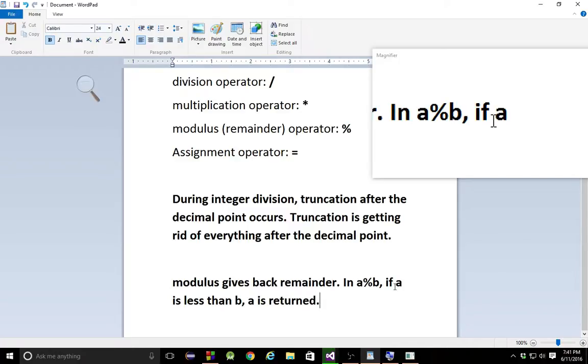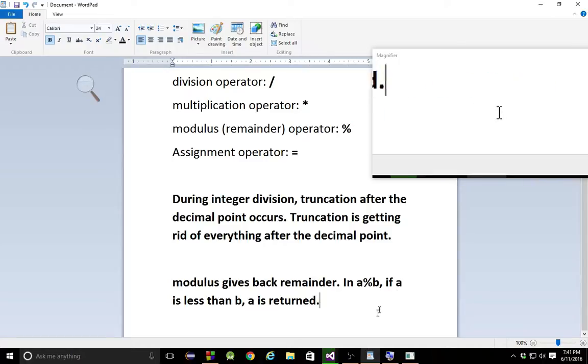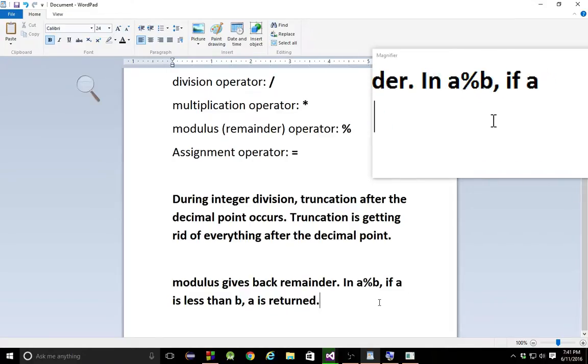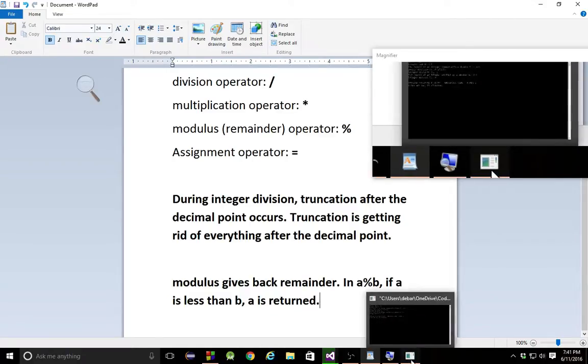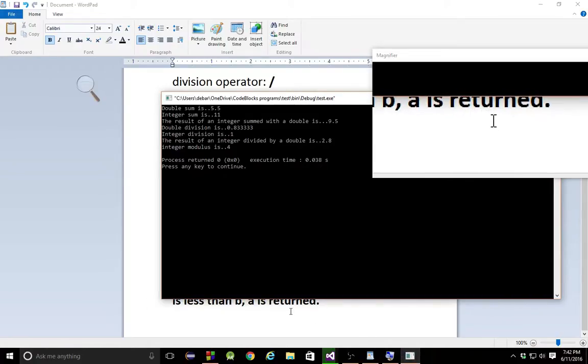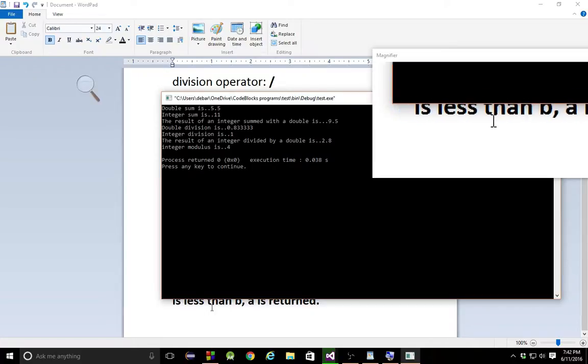So let's say we did 4 mod 7 like we did just recently, it would return a 4, because a, which is 4, is less than 7, which is b. Remember that. When you're doing modulus, if the first value is less than the second value, all that's going to be returned is the first value.